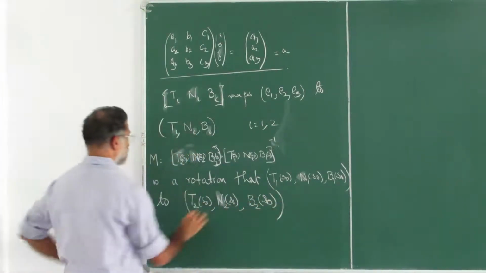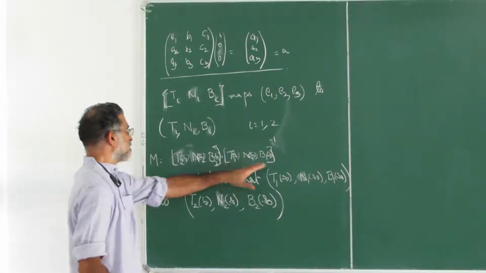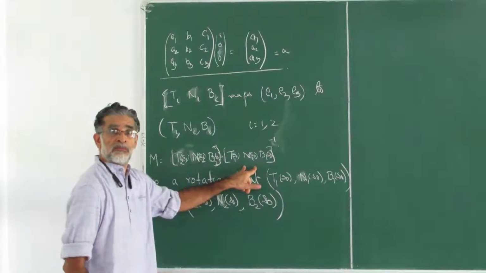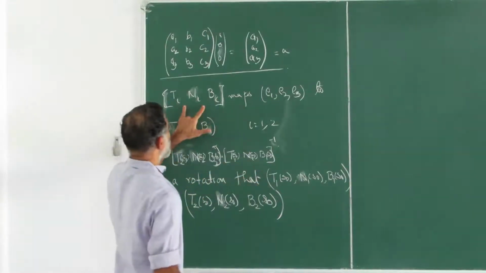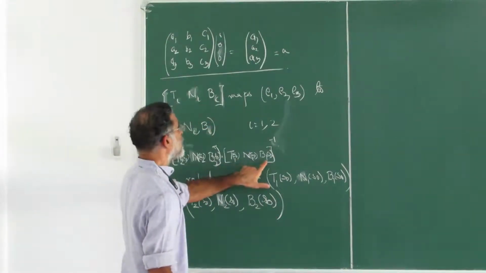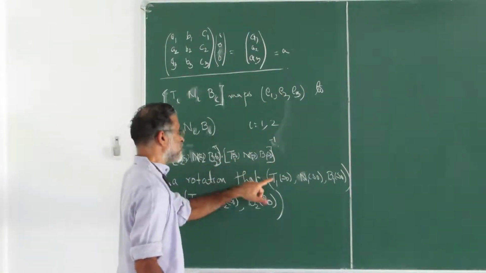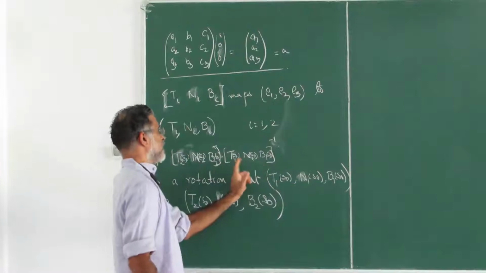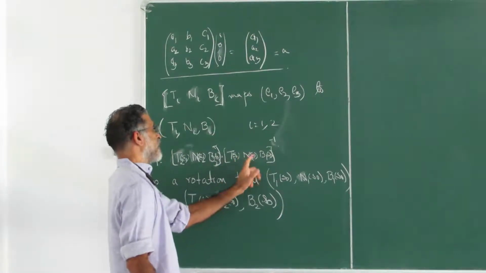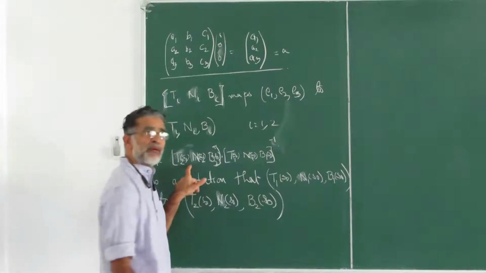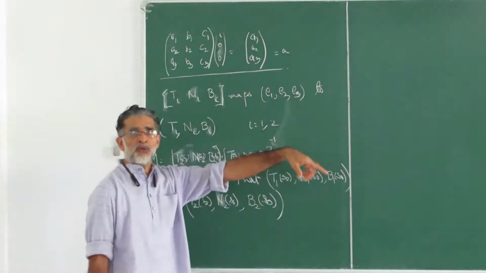So this rotation is exactly given, and immediately you can write it. Of course, here you have to compute the inverse, because T1, N1, B1 maps E1, E2, E3 to this, but the inverse will map T1, N1, B1 back to E1, E2, E3, and then this will map E1, E2, E3 to T2, N2, B2.